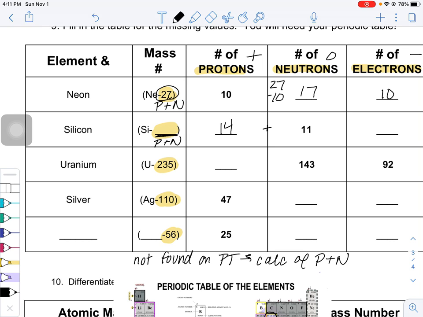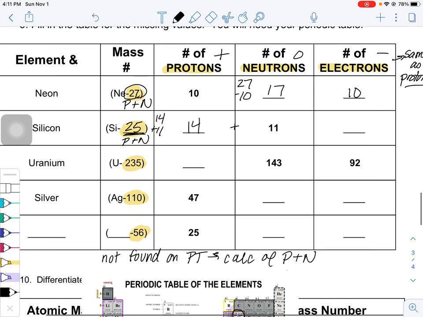Protons plus neutrons. So I'm looking at 14 plus 11 to let me know my mass of this particular isotope of silicon will be 25. Back to electrons. Again, I know that's always going to be the same, so I can fill that in as 14.